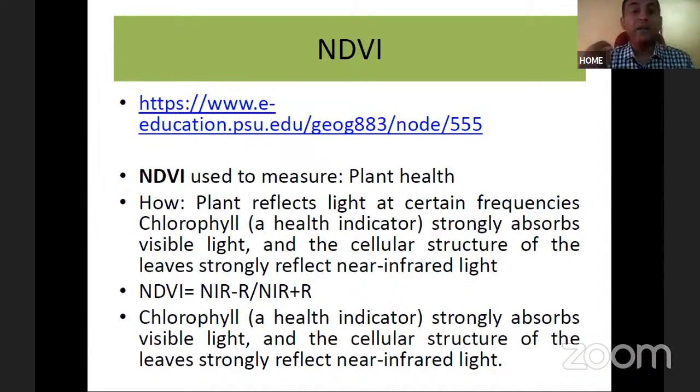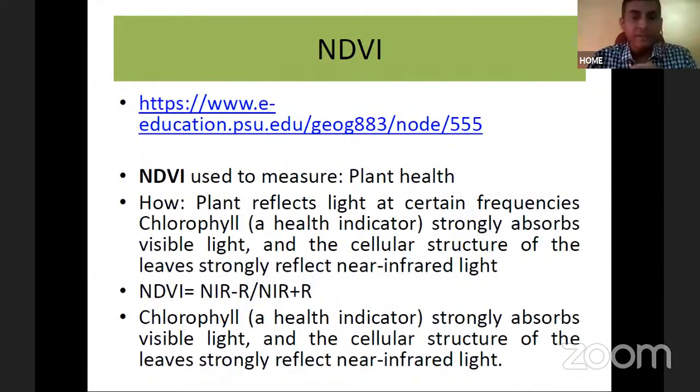Now, why NIR and why R, why not another one? This question can come up. When I say NIR and R, why NIR, why RE, why not the other bands? To answer that, NIR is a band which gives you the maximum information about vegetation.